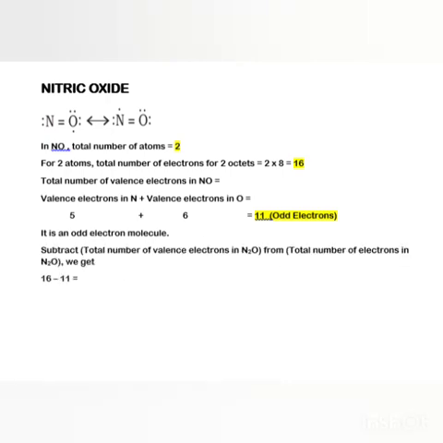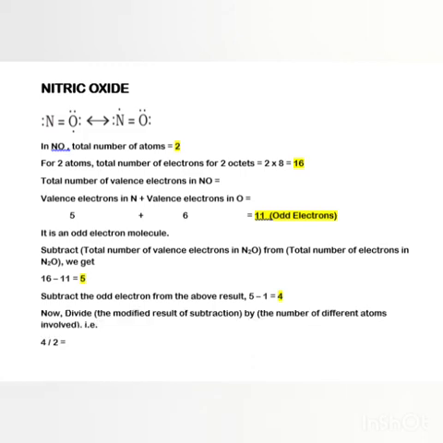So 16 minus 11 is 5, which is an odd number. So we'll just subtract that one odd electron, and 4 divided by 2 is equal to 2. So total number of bonds present between two atoms in this molecule is again 2, as you can see in the structure. Likewise, you can calculate the number of bonds in all the structures.